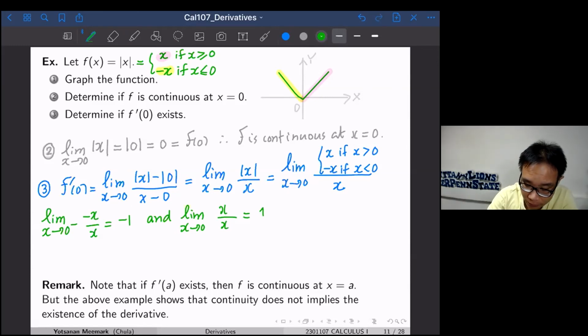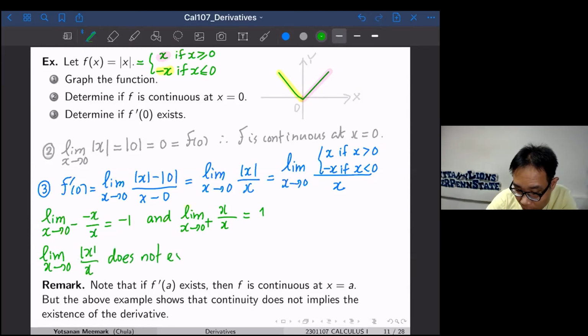So the limit as x goes to 0 of absolute x over x does not exist. Okay, so you get f prime 0 does not exist.